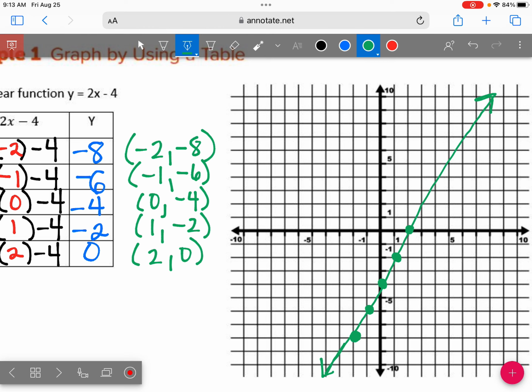So you can see you have an x-intercept at +2 and a y-intercept at -4.